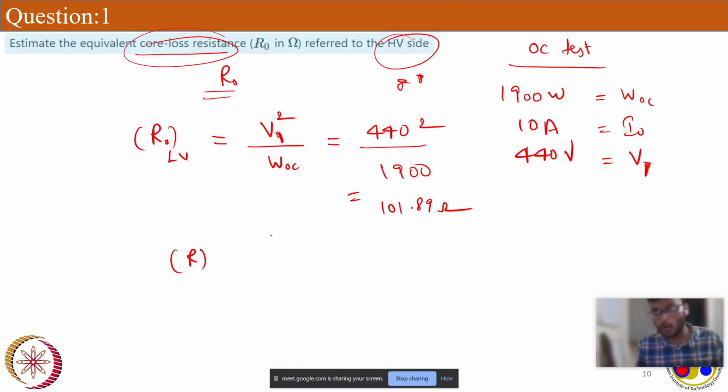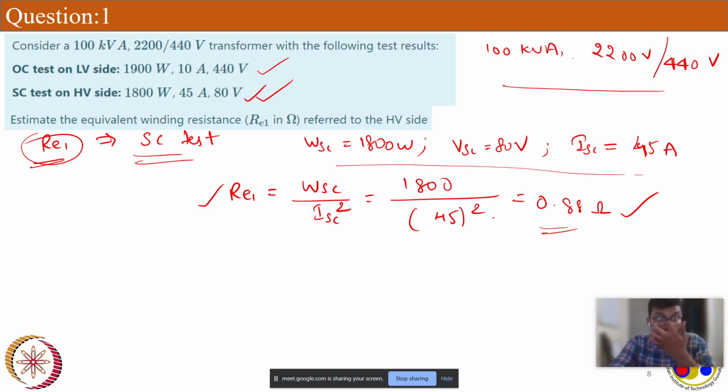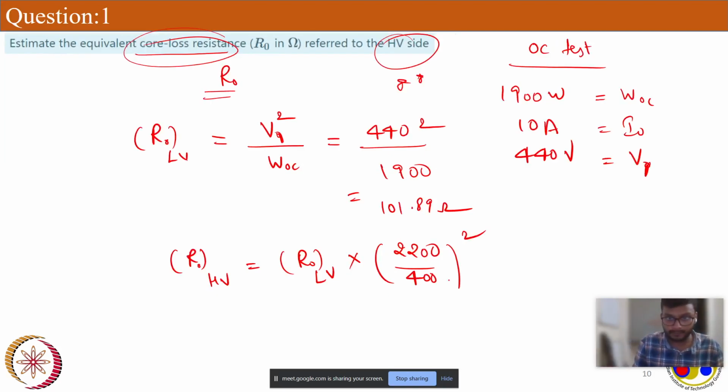Now we got the R naught core loss resistance, but it is on the LV side because the open circuit test is conducted on the LV side. Now we need R naught on the HV side. That is R naught on the LV side multiplied by the turns ratio squared. Is it this? 2200 by 440. Sorry.